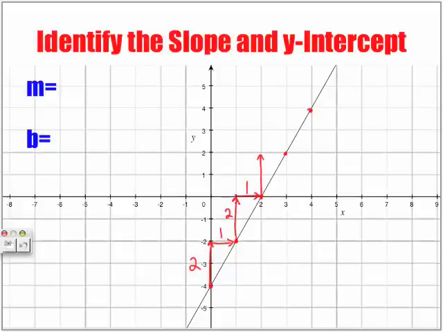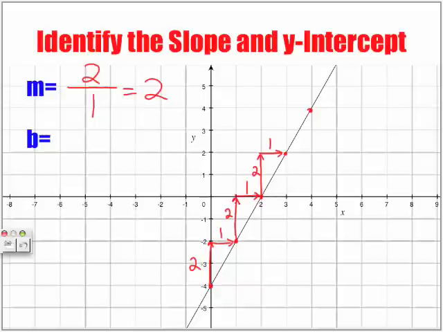We are rising for 2, and we are running for 1, and so on and so on. So therefore, remember our slope is equal to rise over run, so our rise is 2, and the run is 1. So we can either write it down as 2 over 1, or we can write this down as 2, because 2 divided by 1 is equal to 2.